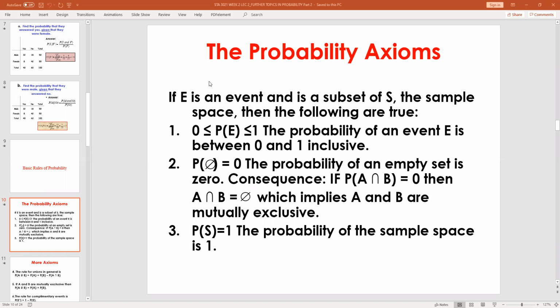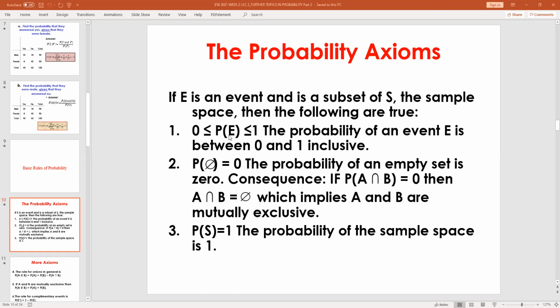I'm going to be using E for an event, which is a subset, and I'm going to be using S as the sample space, the collection of possibilities. When you take a look at this law right here, it is trying to tell us that the probability of any event lies between 0 and 1.